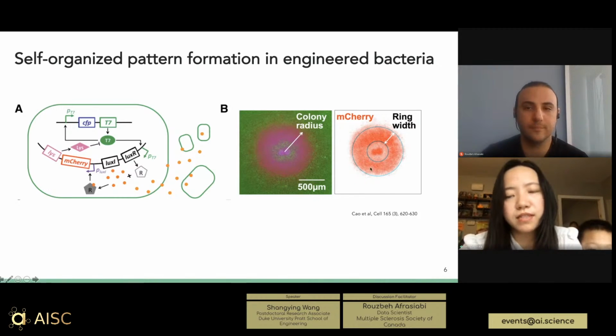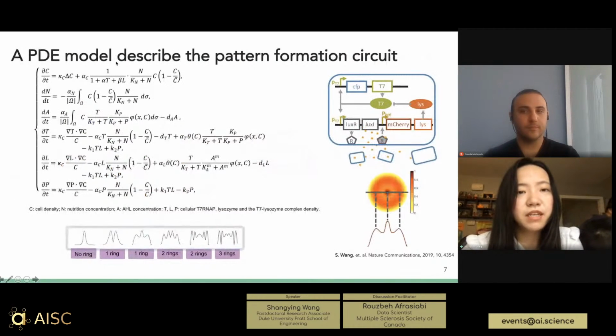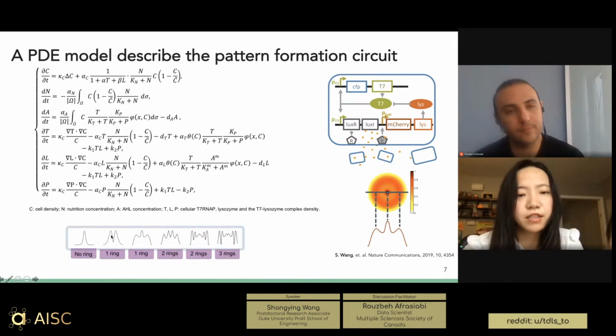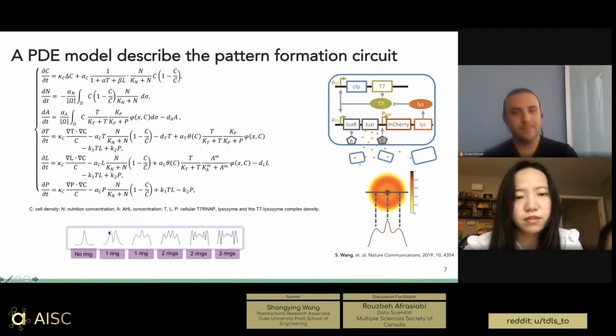Then we wanted to understand under what conditions these ring-core patterns can be formed. So we developed a PDE model to describe the pattern-forming circuit that I just described. We can see that other than the ring-core patterns, it has the capability to form all kinds of different patterns. I call this one no ring because it's only a peak, and this I call one ring. When you imagine it in 3D, it has one ring.